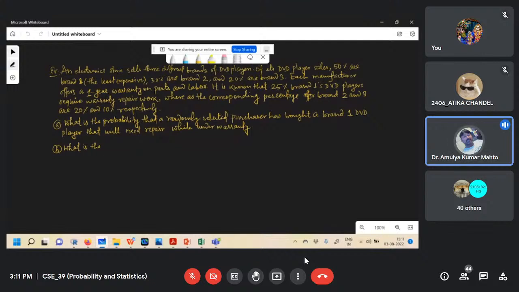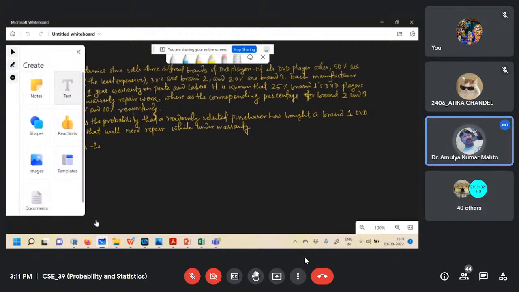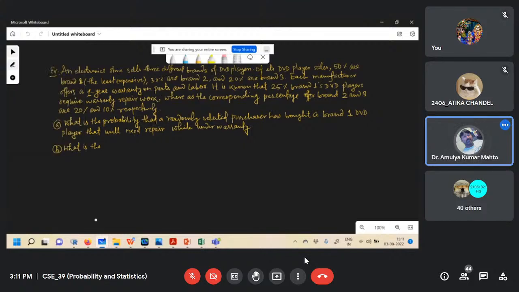Let me read this once and it will make some sense. An electronic store sells 3 different brands of DVD players. So the electronic store is selling DVDs of 3 brands.